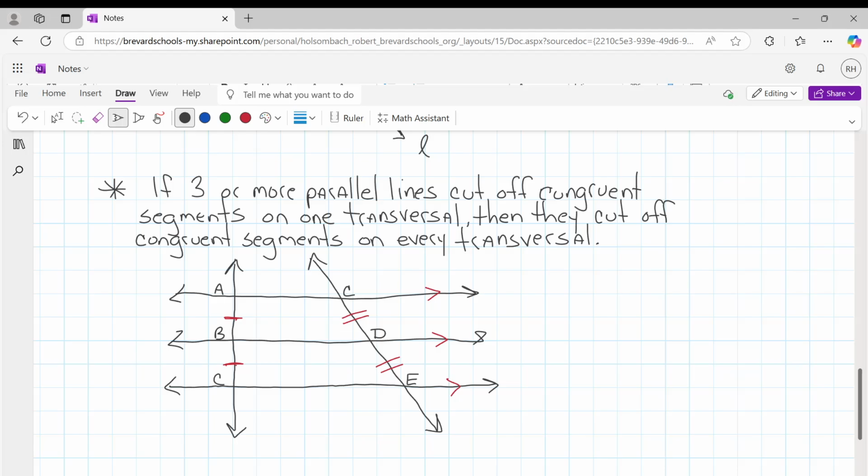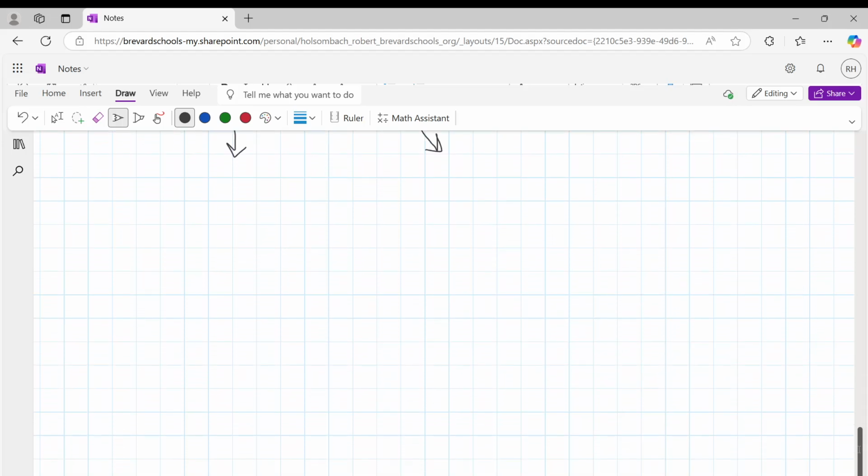All right, take a look at the top of page 494. Let's do example 5. And we've got 3 parallel lines.